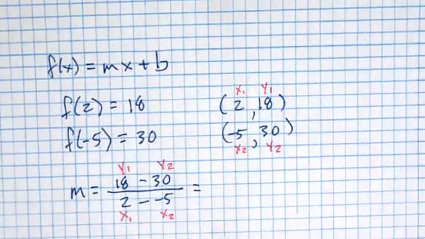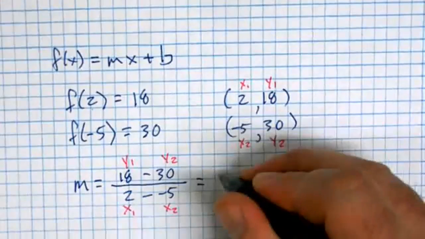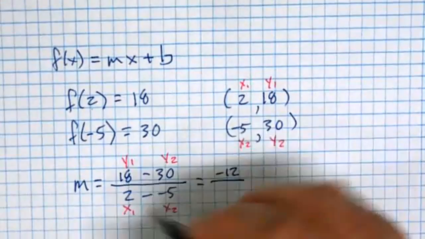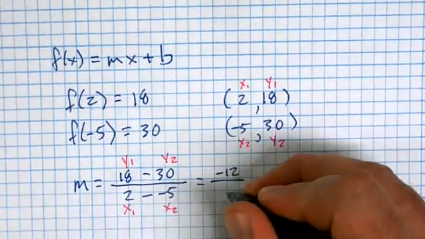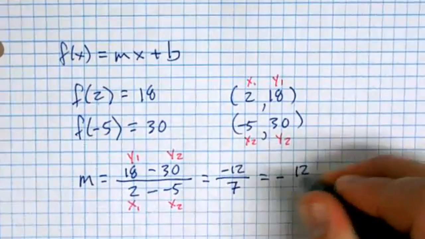Double checking I got everything in the right places here. I think I'm good. 18 minus 30 is -12, if I'm not mistaken. 2 minus -5 would be the same as 2 plus 5, that's 7. So we've got a negative slope, 12 over 7.